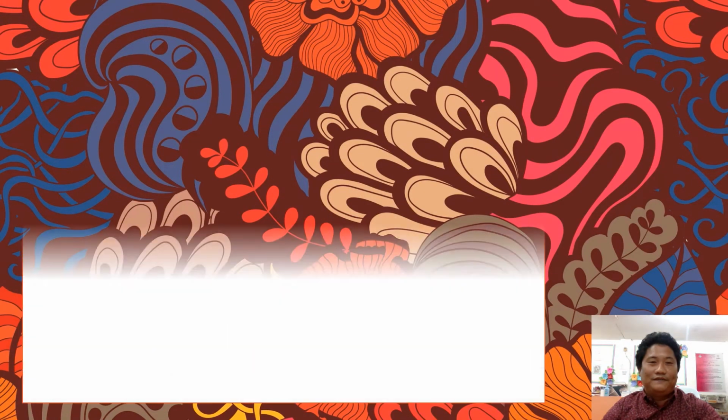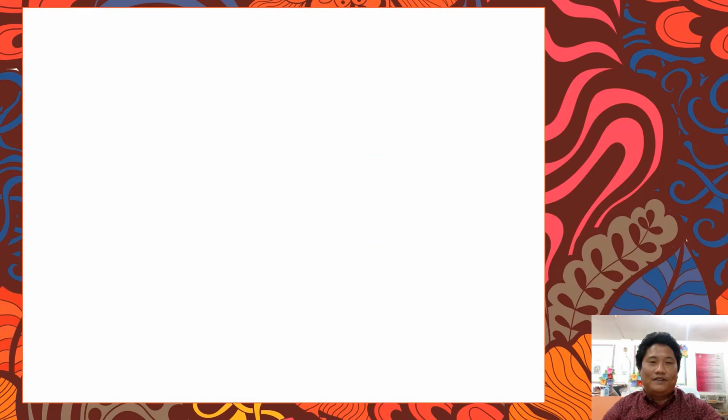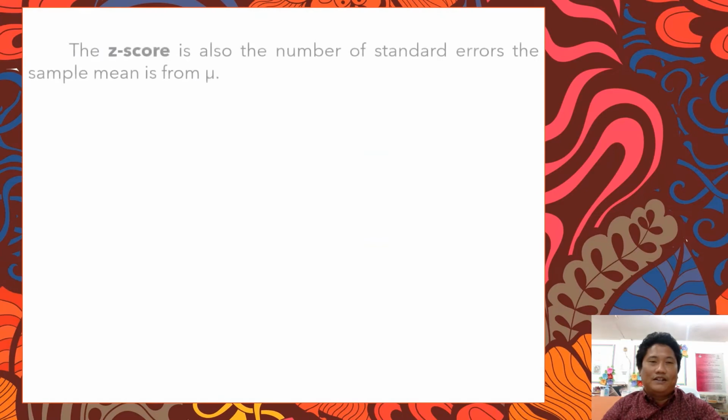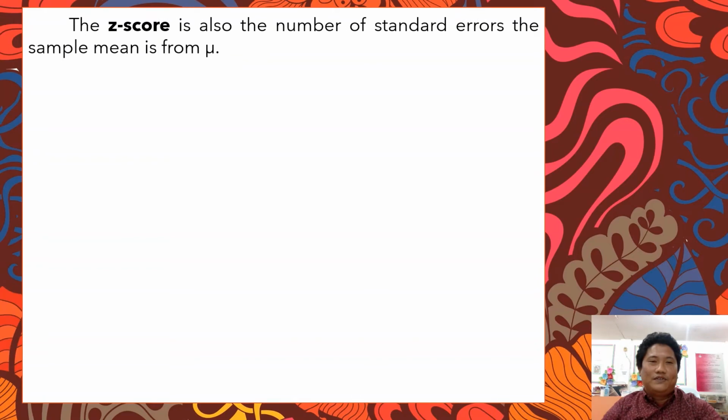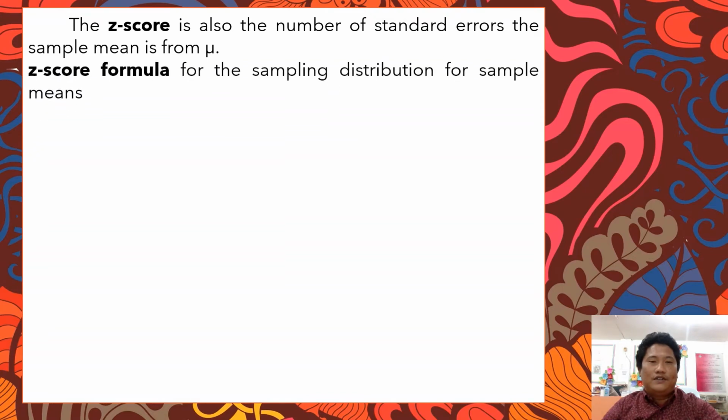Moving on, we'll discuss the z-score. The z-score is also the number of standard errors the sample mean is from the population mean. So here, the z-score formula for the sampling distribution of the sample mean is different.